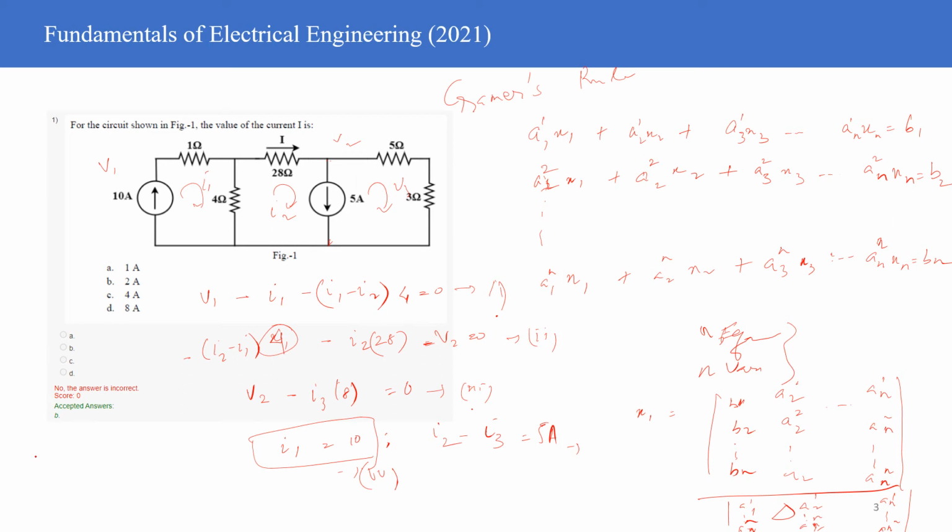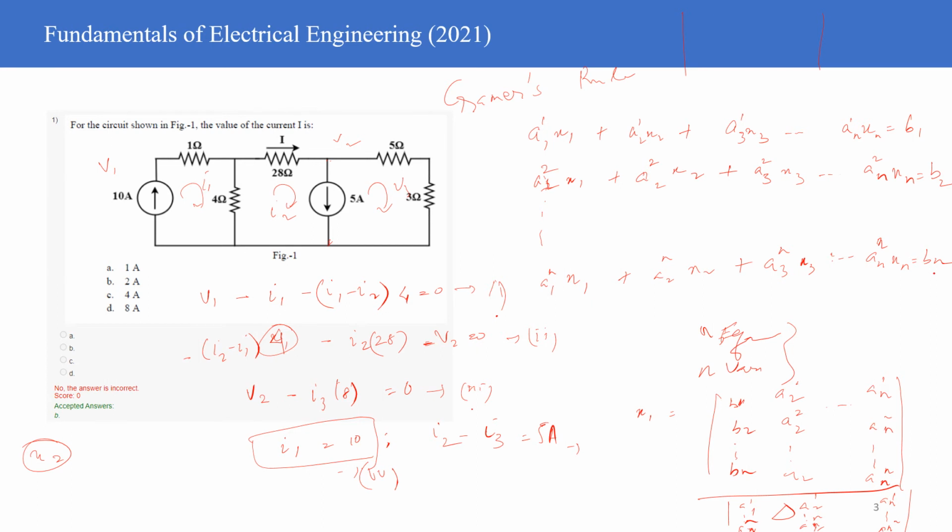If you have to figure out x2, how would you proceed? One of you tell me. You understood the method, right? All you have to do is replace this particular column over here, right? You have the determinant of this entire set of variables, a11 to an1, and then you have the column on the right hand side, b1 to bn, right?